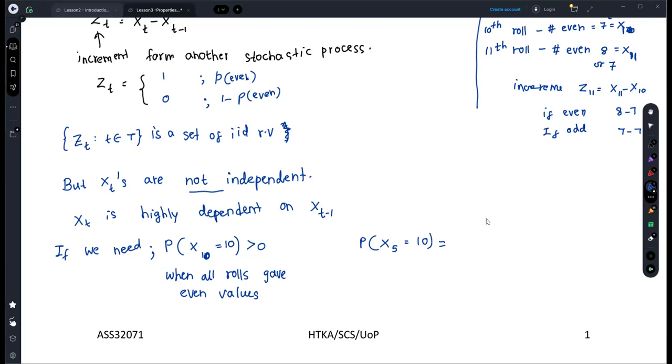The maximum you can get will be 5. So this is 0. This can never happen. Not possible. What about this one? Probability that X10 is 10 given X9 equals 7. Will this be possible?